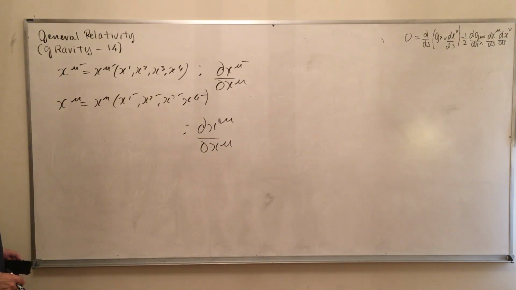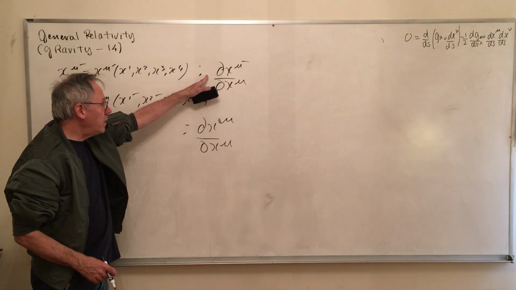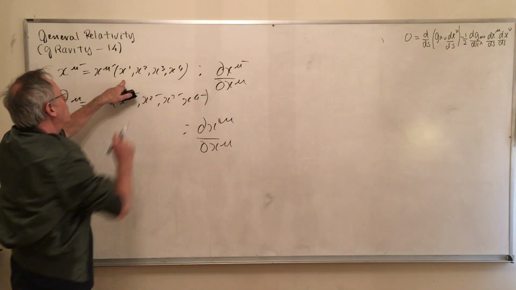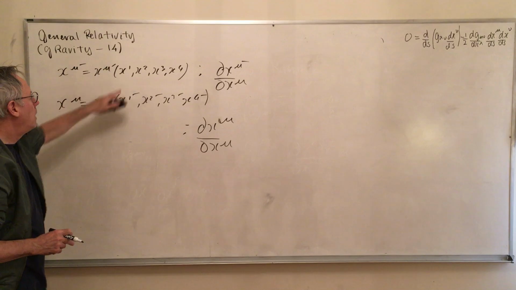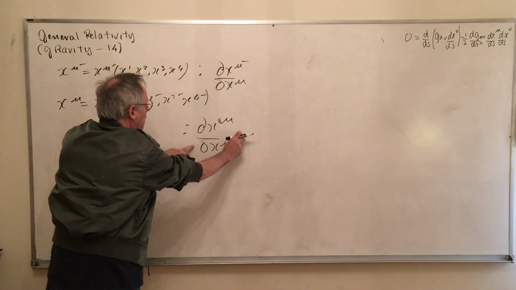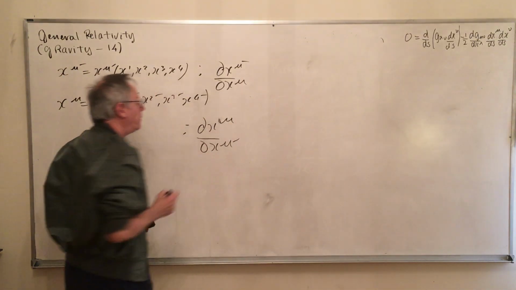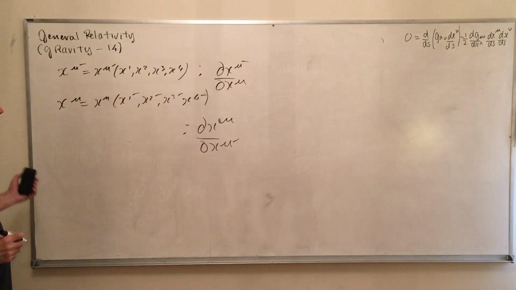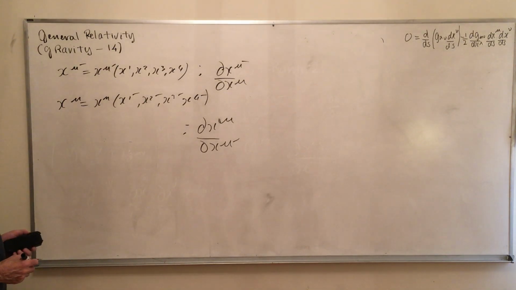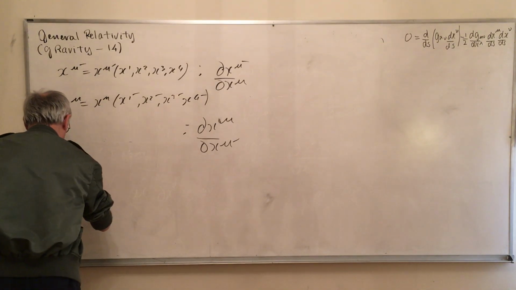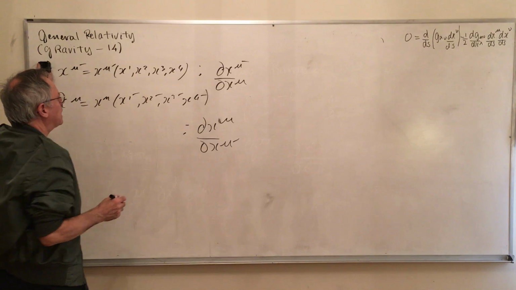Now, for the covariant components, we used functions of the old coordinates. For the contravariant case, we use functions of the new coordinates, okay? And we sum them over, multiplying by the terms. That's really what we were doing in the previous two examples.